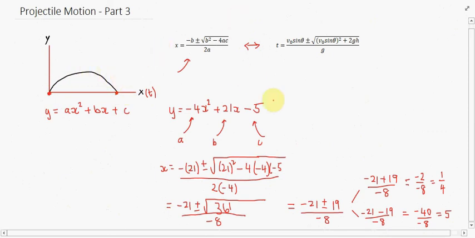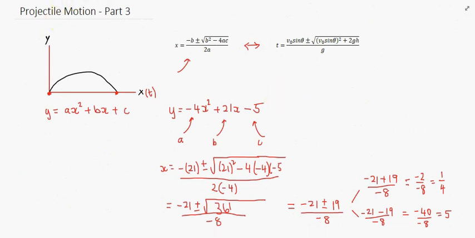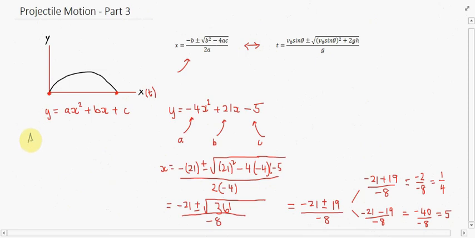Looks very, very similar. Remember our fundamental equation: our change in vertical displacement is equal to v sub naught y times time plus 1/2 the acceleration in the y direction times time squared. Looks kind of similar to this, right?